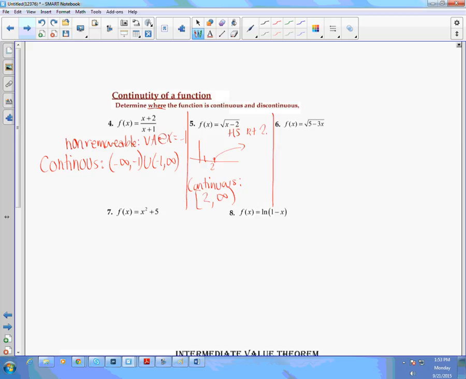So the square root has to be 0 or larger. It can be discontinuous, but it's still an interval being continuous. That's where it starts. So it starts with 2 and then goes to infinity.